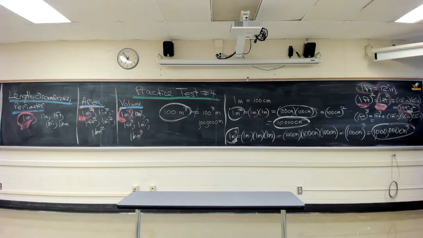Hopefully it doesn't go too bad. 12 times 12 is 144. Times 12 is 1,440 plus 288. 1,440 plus 288 is 1,728. Let's have a look here. Make sure I got it. I think it's 1,728.